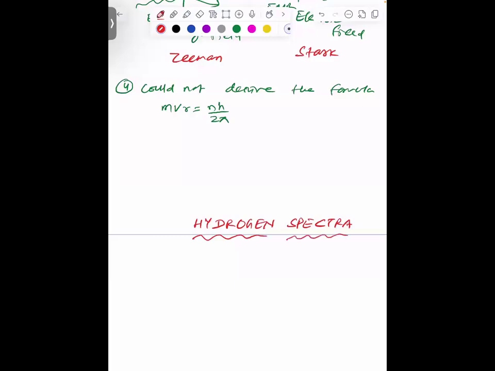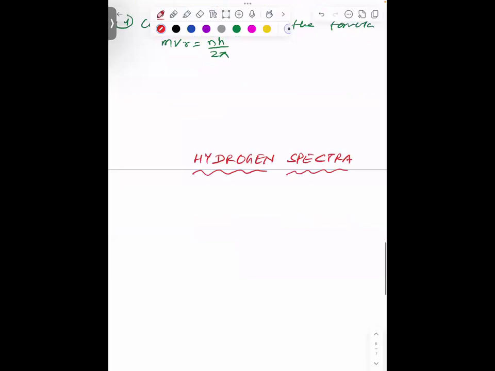Hydrogen spectra. What is hydrogen spectra and how is it related to Bohr's atomic model that we are going to discuss? In nature, hydrogen is present in the form of H2.